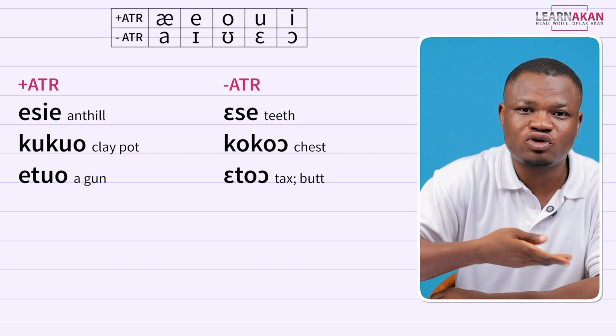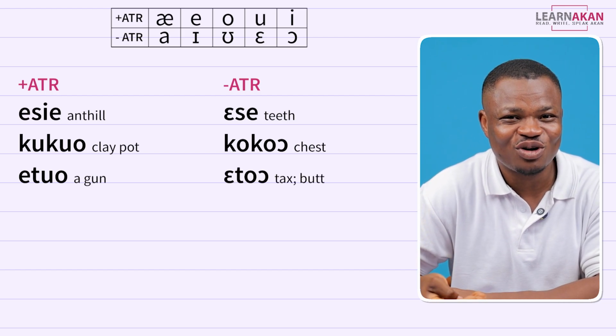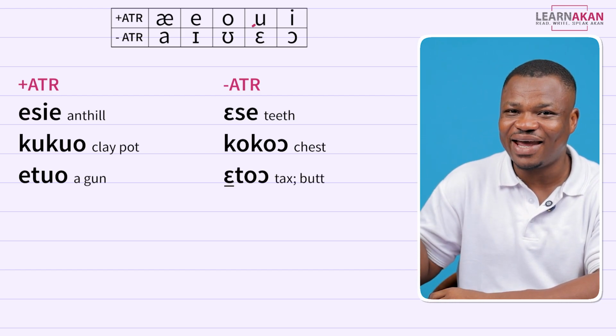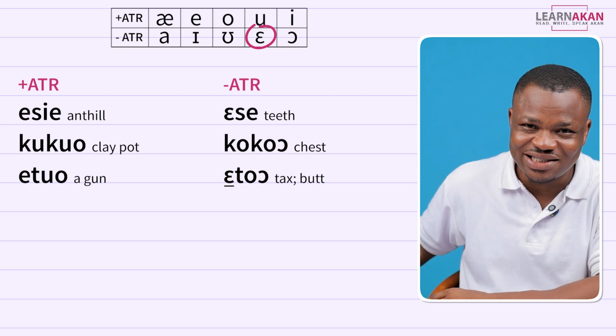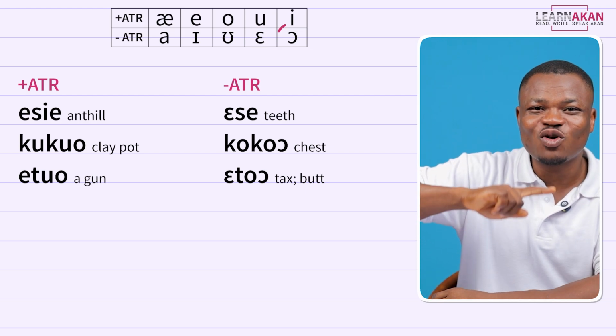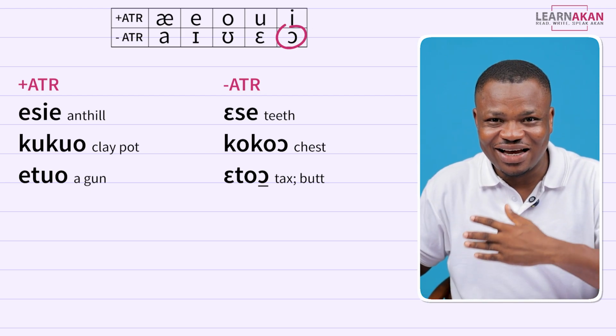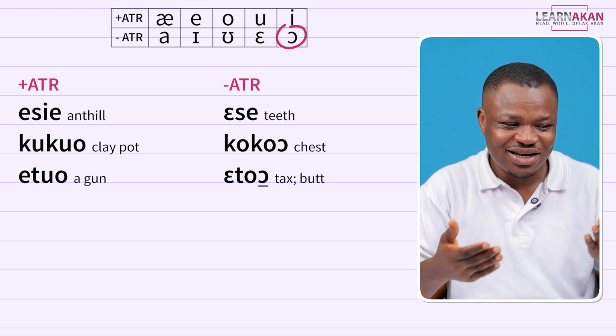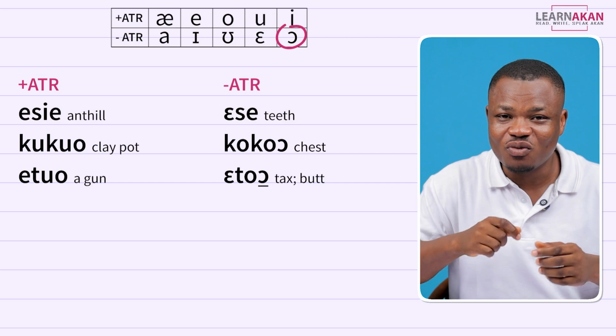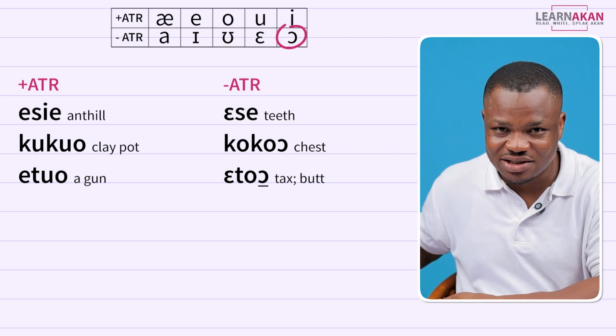But then we have a two, and straight up, you see we have E, which is from the minus ATR set. And then we also have O at the end, which is also from the minus ATR set. And once you have that, it means the remaining vowel sound will be from the minus ATR set.